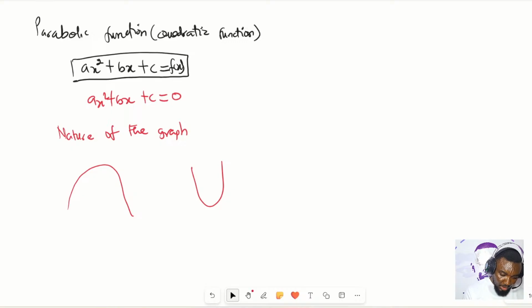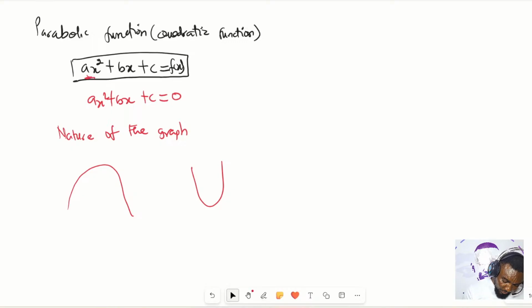Can you remember when we say that a quadratic function is curved like the intersection sign, and when it is curved the other way? We determine that based on the coefficient of the x squared.